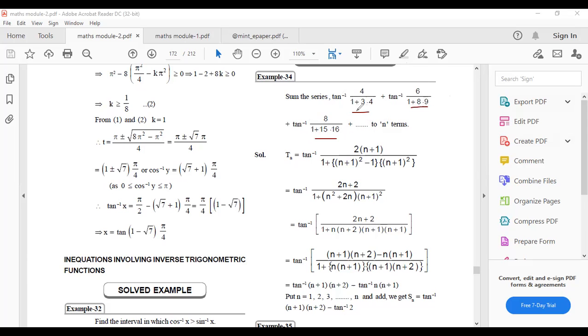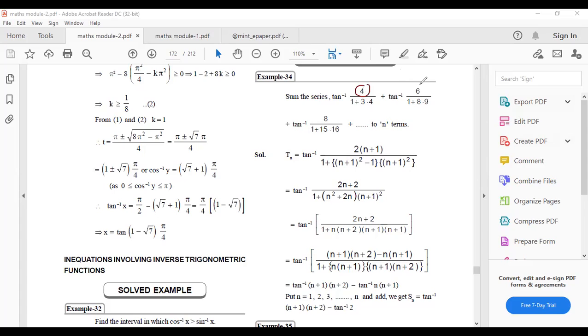Think upon this. What is the common pattern you can see in all these cases? That should satisfy the first, second, and the third. 3, 4, 8, 9, 15, 16. One thing I can see here is these are two consecutive numbers, so that one pattern is going to remain common.